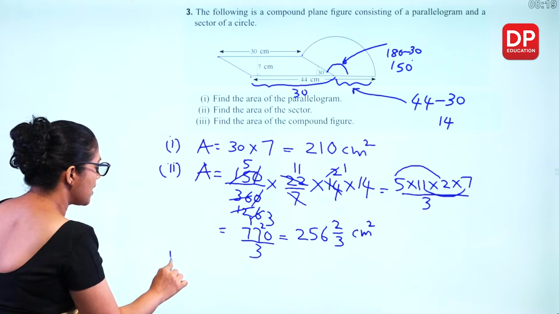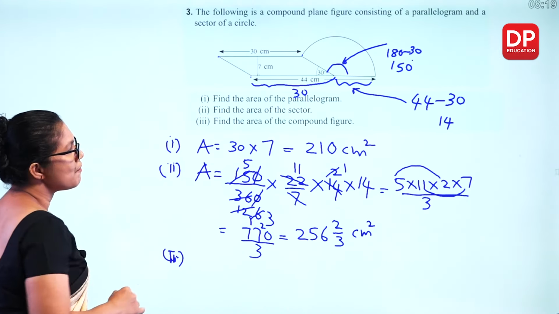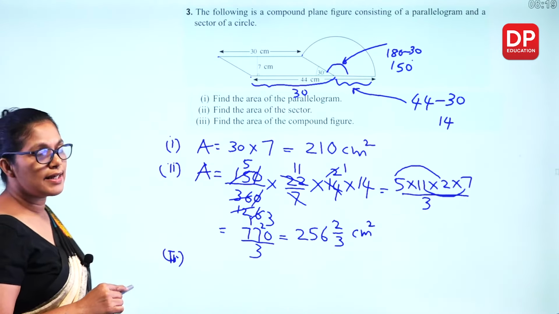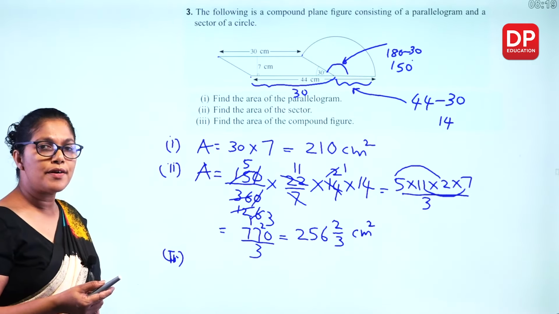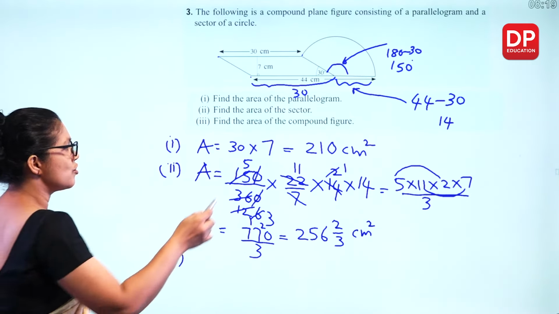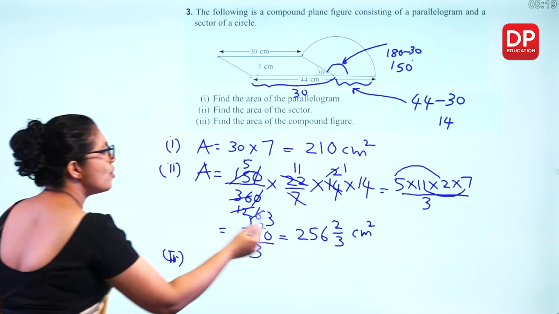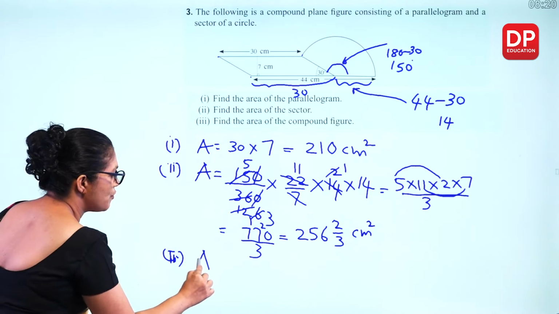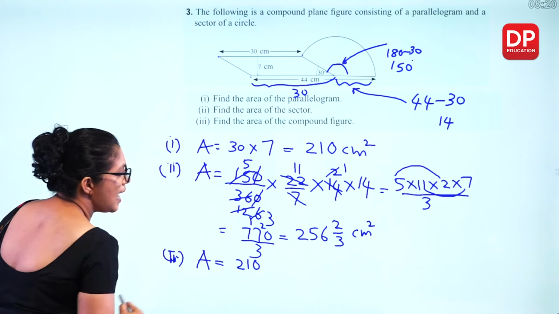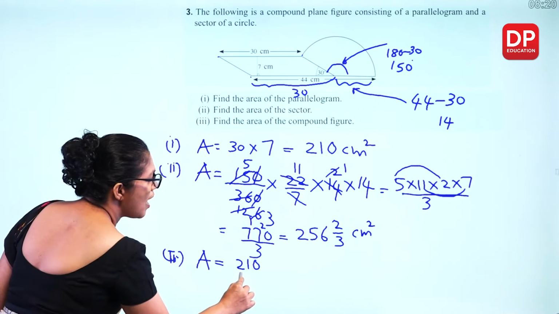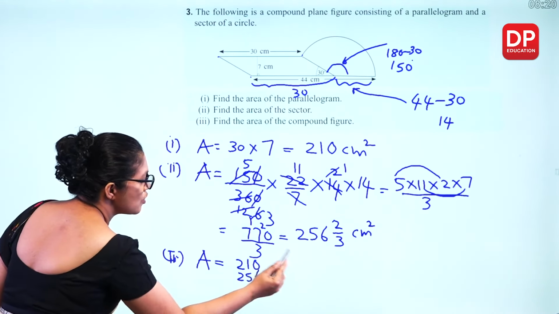So the last part says find the area of the compound figure. So the compound figure is basically the parallelogram and the sector. So you can add these two areas. So the area of the full part is 210 plus 256 2/3.